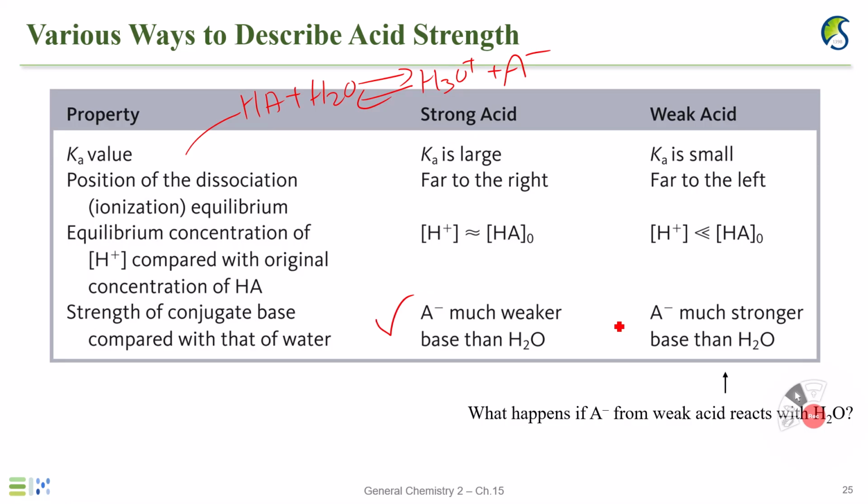So this statement is exactly what I just explained on the previous page.